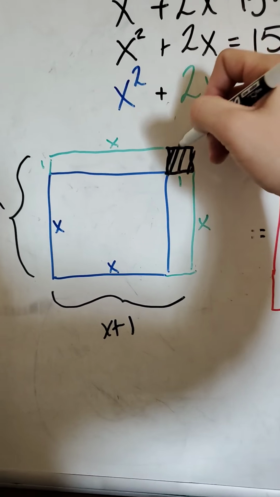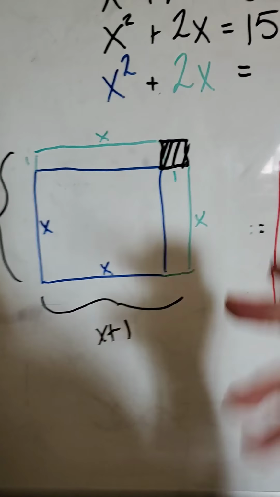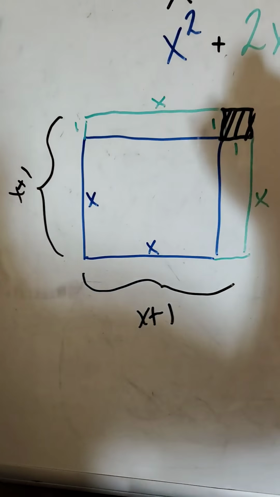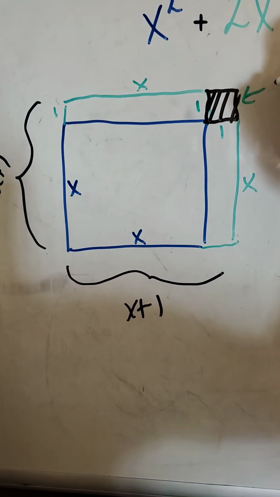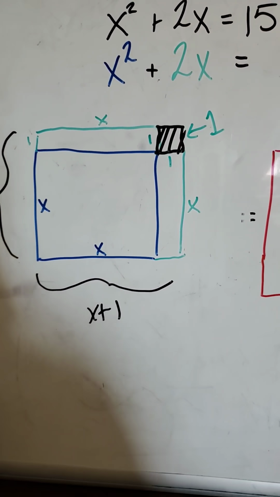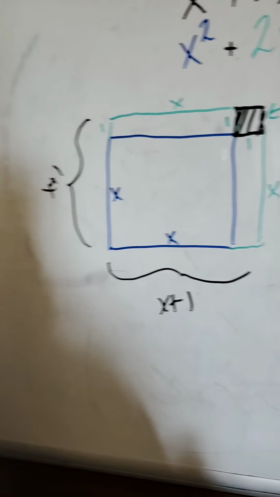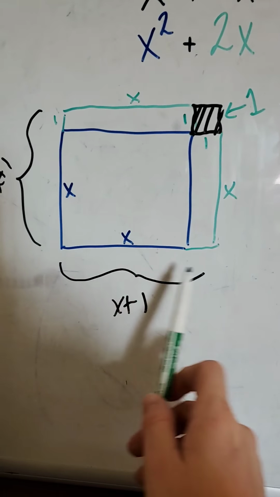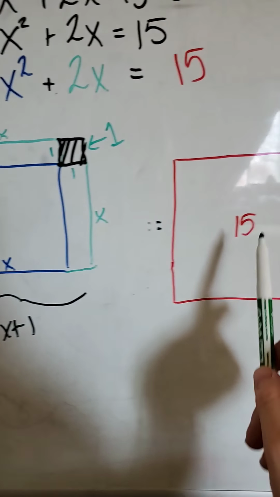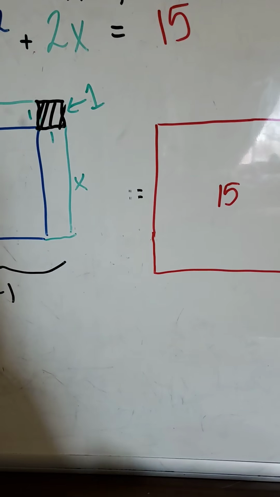What's the area of this little space? 1 times 1. So the area of this little square is 1. Now we're pretty much there, because I see that a square with a side length of x plus 1 has the same area as my square of 15.